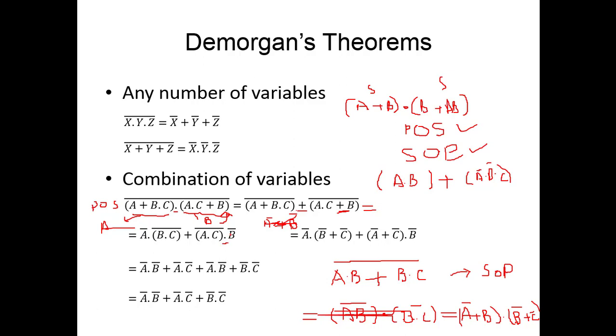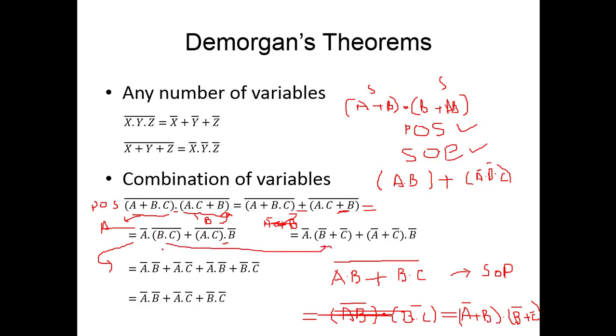Now this and this complement is further simplified like this: (b and c) whole complement is equal to b complement plus c complement.